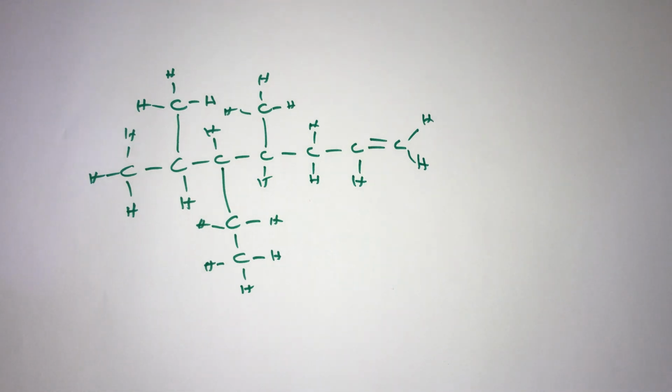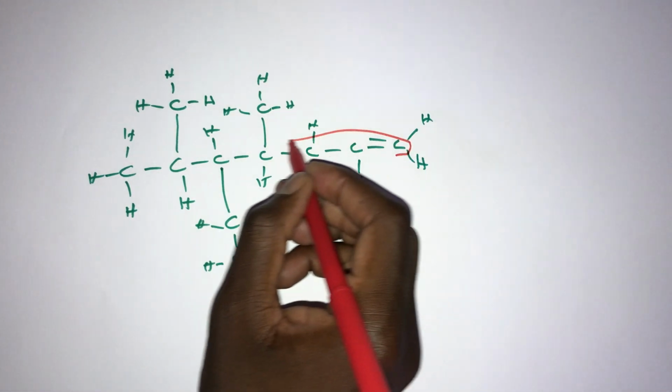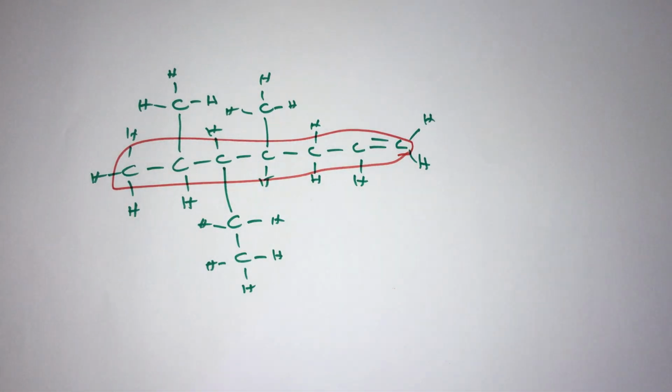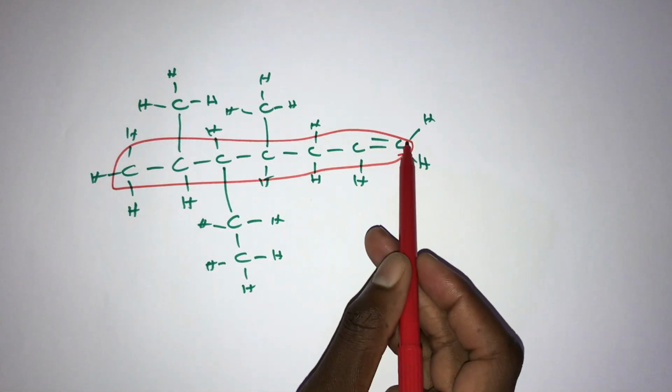First, we must circle the longest chain. We must check the longest chain. So let's check already. As we can see, this is our longest chain. So we take this one. Now, since we have the longest chain, now we must start numbering our carbon atoms. So already we'll start this way because the double bond is very close.